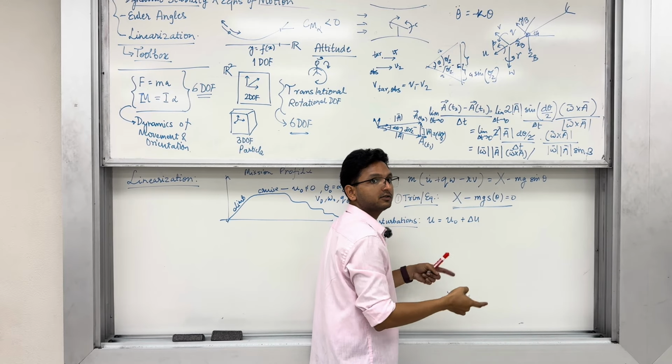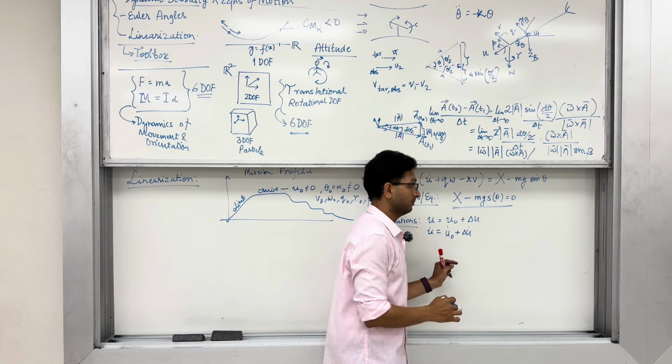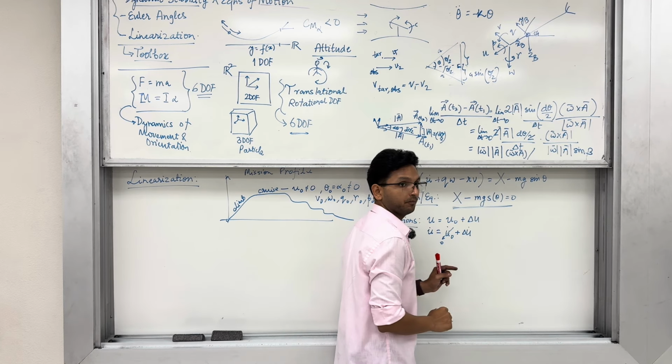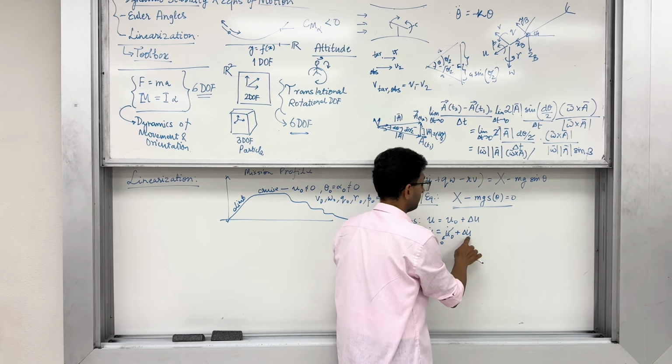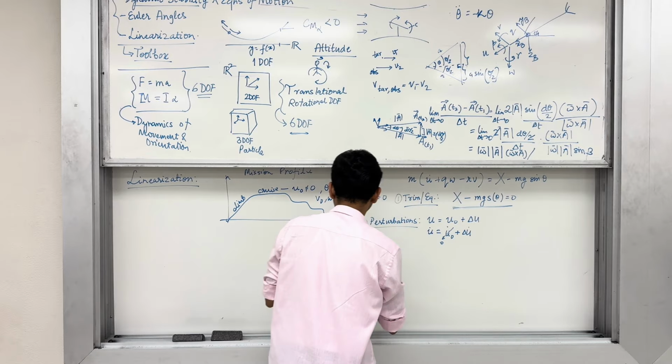Can I use u directly in the equation? I can't, I have to take the derivative with respect to time first. So, I have u dot equals u naught dot plus delta u dot, but what was u naught? A constant. What is the derivative of a constant with respect to time? 0. So, u dot will be replaced by delta u dot.